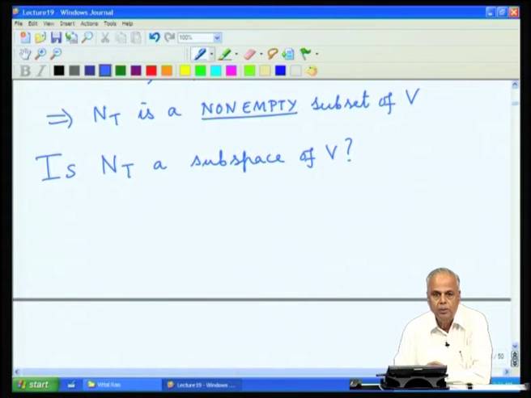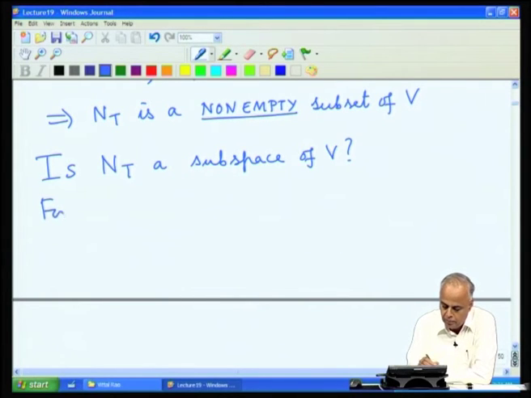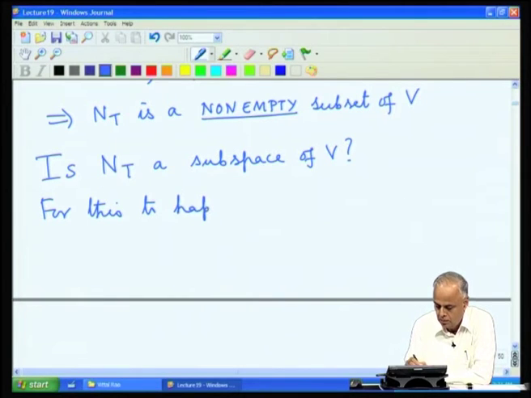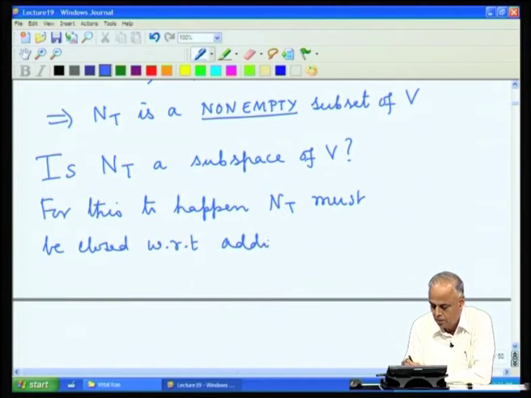In order to make sure that N(T) is a subspace, we must make sure that N(T) is closed with respect to the two basic operations of the vector space. So, for this to happen, N(T) must be closed with respect to addition and scalar multiplication.